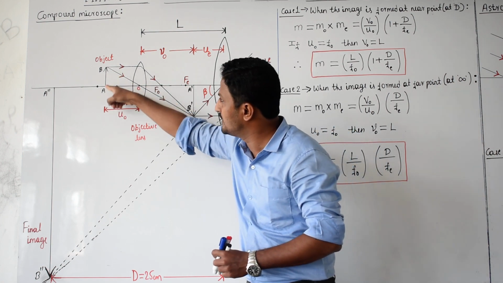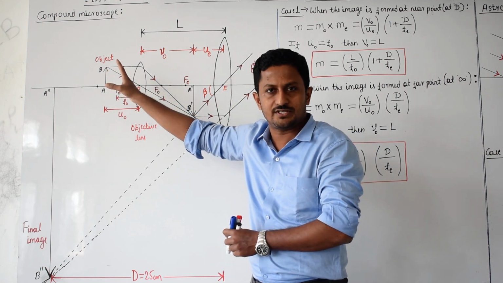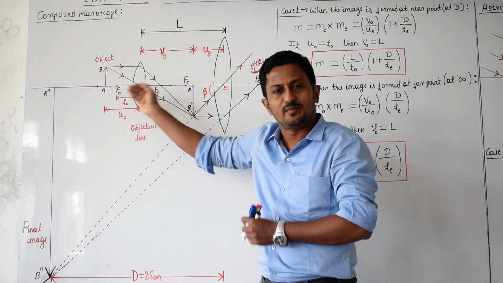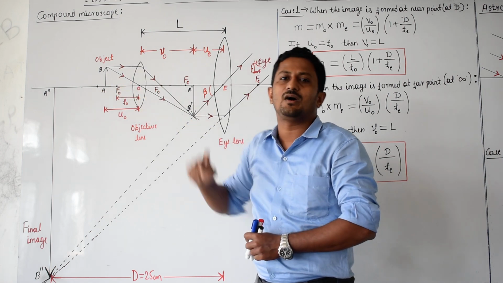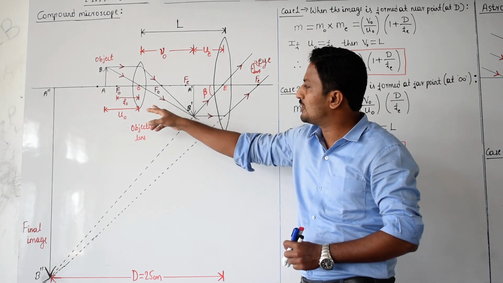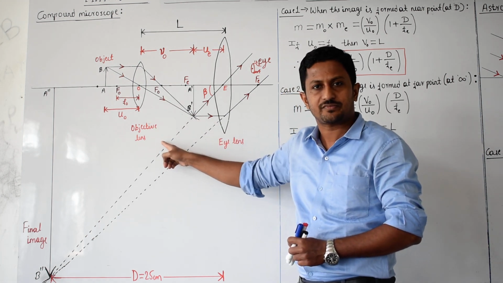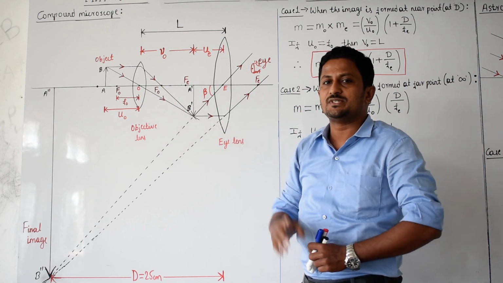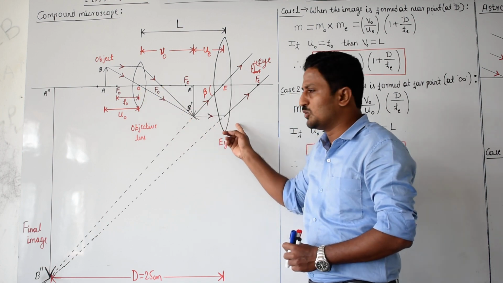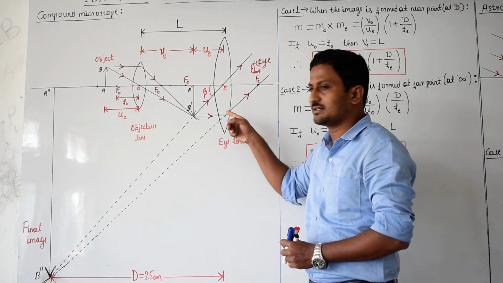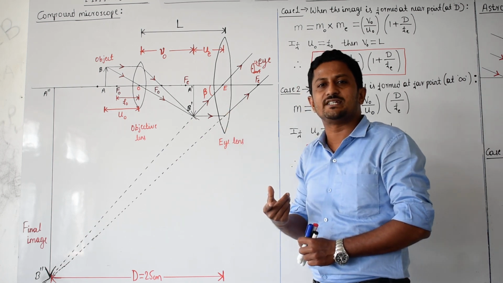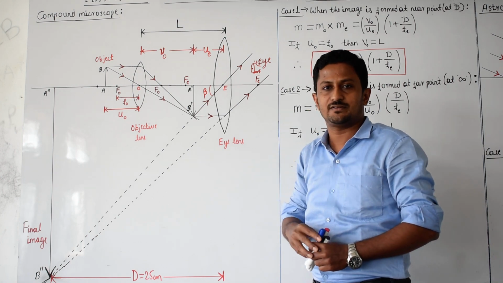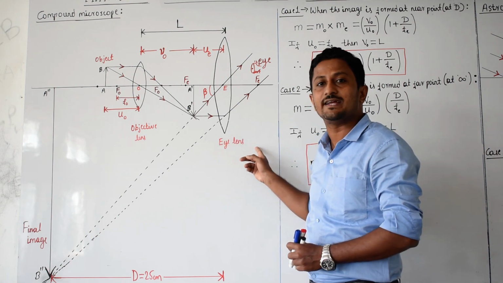Here I marked AB as an object. A lens which is facing the object, meaning it is near to that object, is called the objective lens. And there is one more lens through which you will be seeing the image of the object, which you call the eye lens. The arrangement is like this, held horizontally. Your eye is here. You watch through this lens.